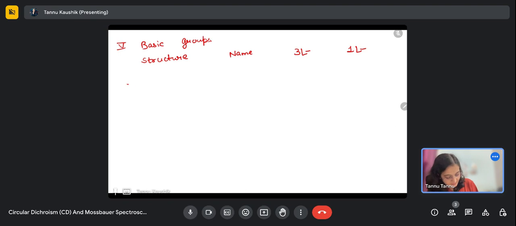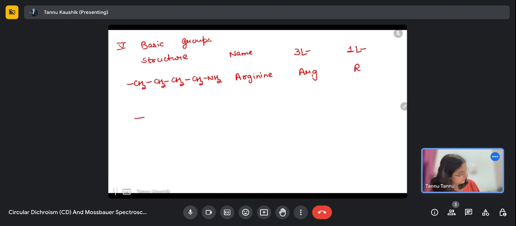So first is CH2, CH2. This is arginine, CH2. Sorry, this is lysine.